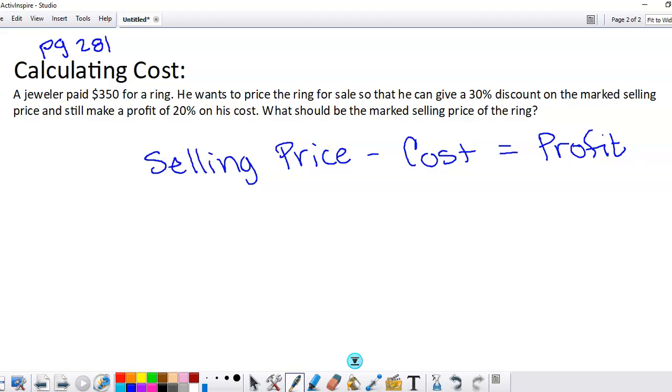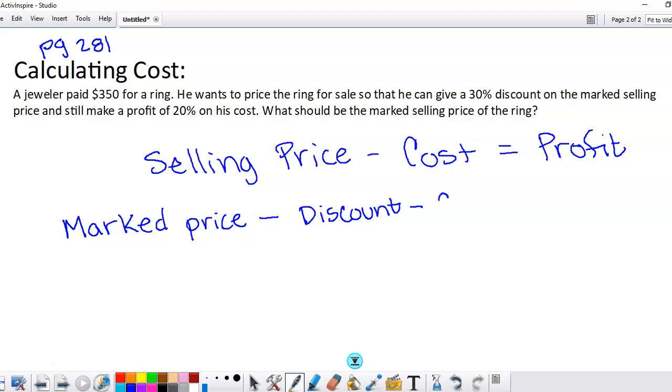So let's spell it out a little more clearly. We will have a marked price, which the jeweler is not planning to actually sell it for. And then we're going to subtract from that the discount. And then based on this, we also would subtract the original cost to get our profit.